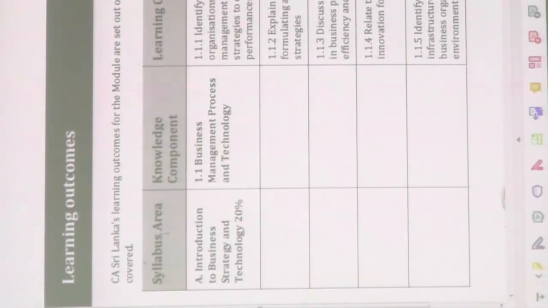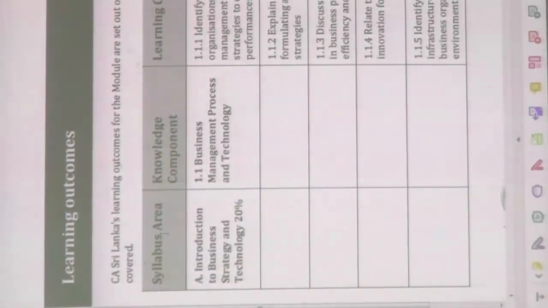After reading each and every chapter, you have to focus on the content of the learning outcomes. Then you will get a brief idea about what questions will be asked in the question paper.